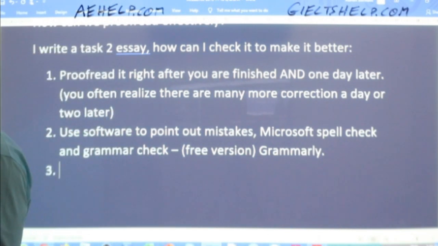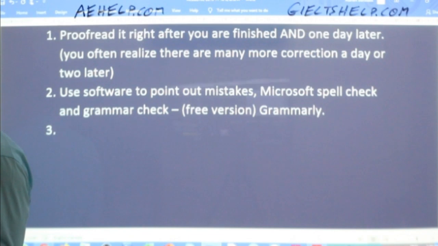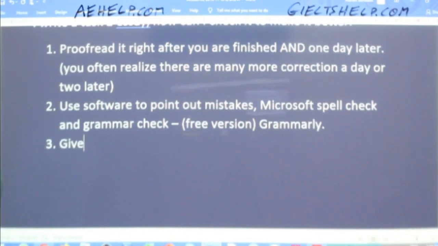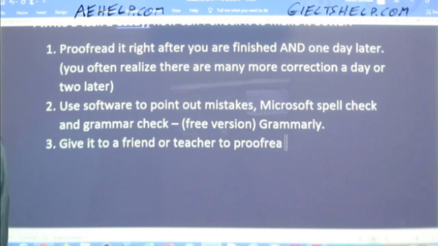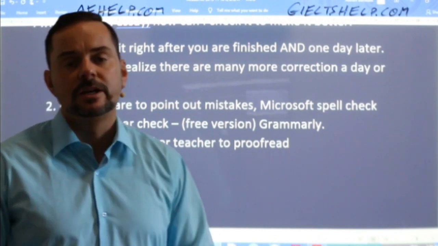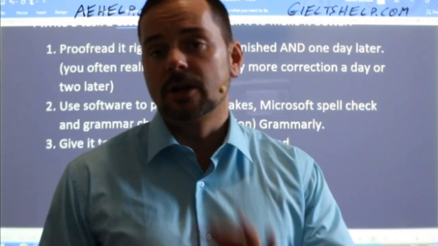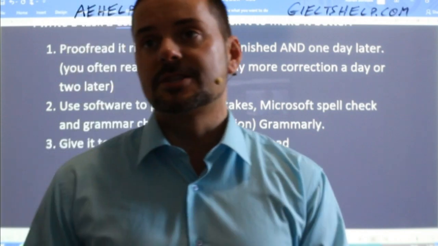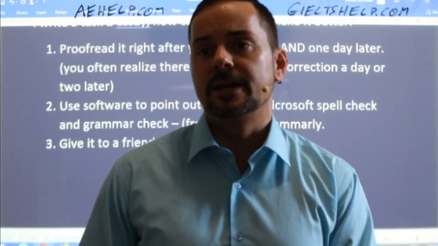And again, for home, the third one is always try to get your work to somebody else. So don't be shy. I'm working on the speaking partner list members. I haven't forgotten about that.